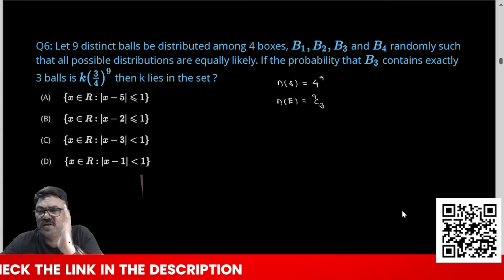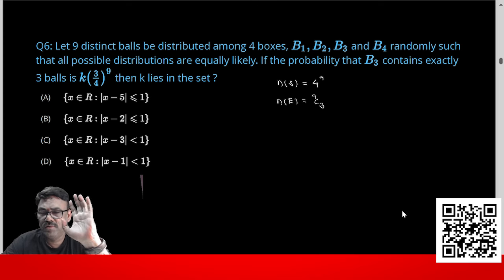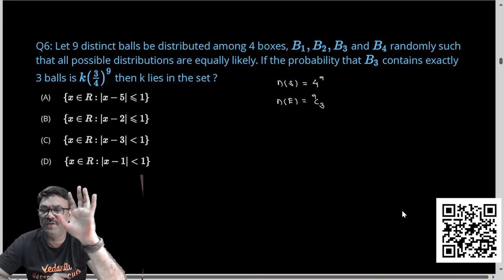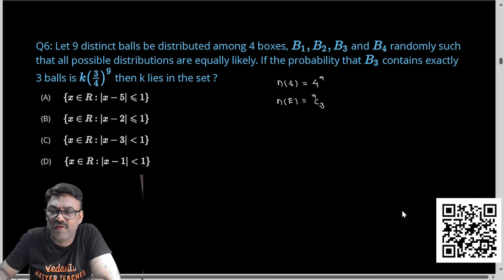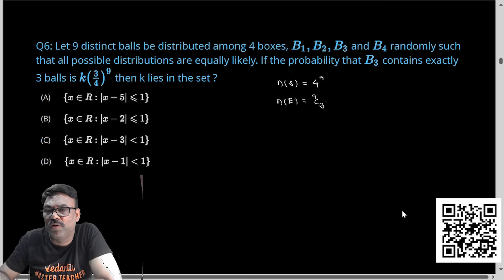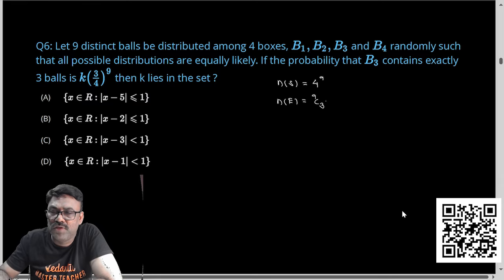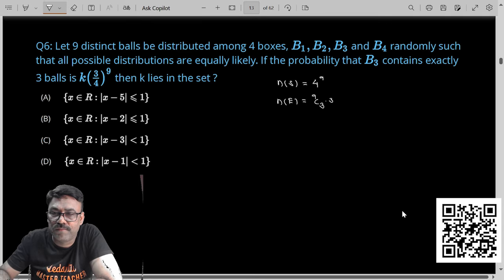Now these 3 balls will be put in B3. Now you are left with 6 balls, and for each of these 6 balls you have 3 options: either B1 or B2 or B4. So 3 into 3, 6 times, means 3 raised to 6.